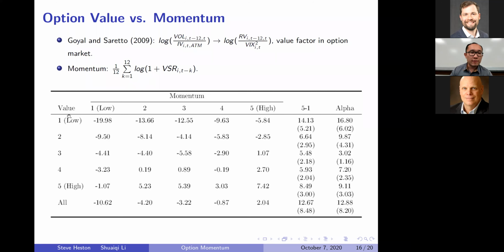Each month, we first sort firms into quintiles by value, and then within each value quintile, we further sort firms into quintiles by momentum. We find positively significant profits in every quintile, except in quintile 3, where the alpha is insignificant. But overall, the evidence suggests that the option momentum cannot be fully explained by option value.